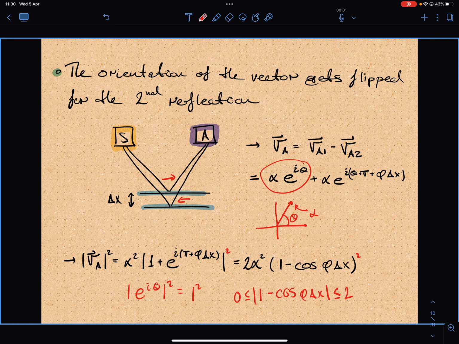So I have an extra factor of 2. Where does that come from?